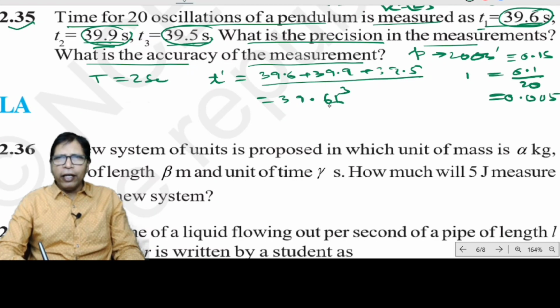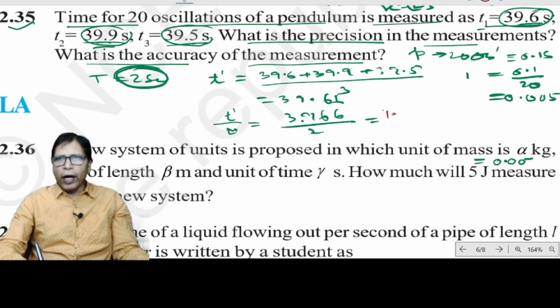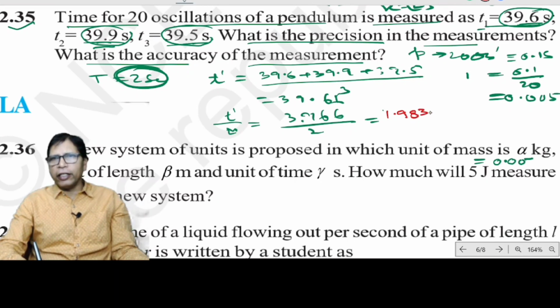Okay. Now this is the average time for 20 oscillations. So T dash by 20 equals 39.66 by 20, which is 1.983. So look at this, it equals 1.98.